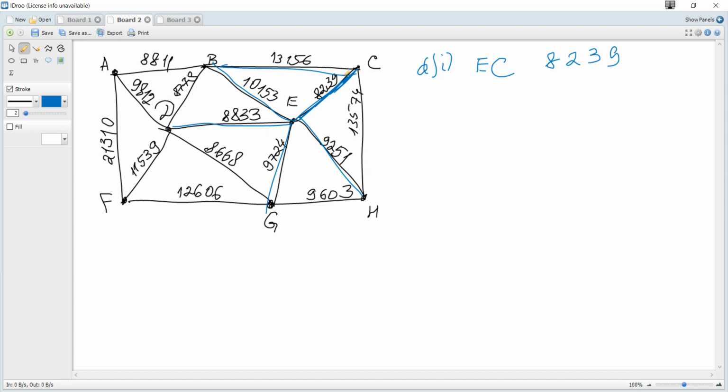So I can consider these edges, and I should choose the one with the least weight. But for Kruskal's, I can consider edges everywhere, and I need the edge with the least weight, and it's DG. We need DG because D and G are not in our network, so DG.